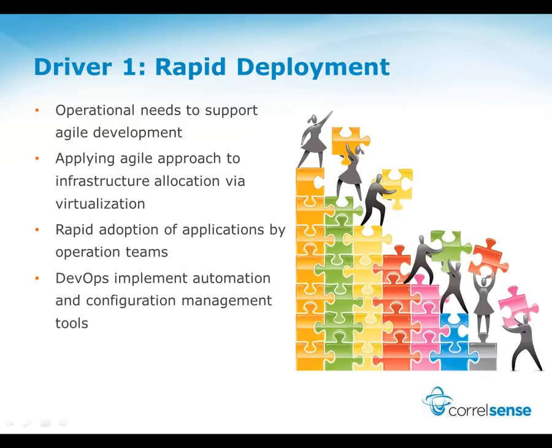So DevOps in that regard is the IT operation tool to support and manage the increased rate of rollouts caused by agile development. We also hear about a concept called agile infrastructure, which is basically leveraging virtualization as a platform to apply an agile approach for infrastructure allocation in response to new application or application capacity needs.